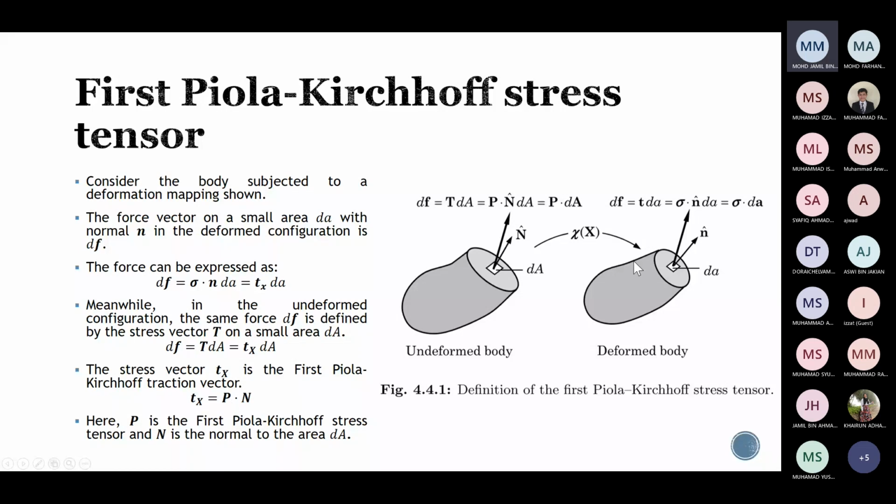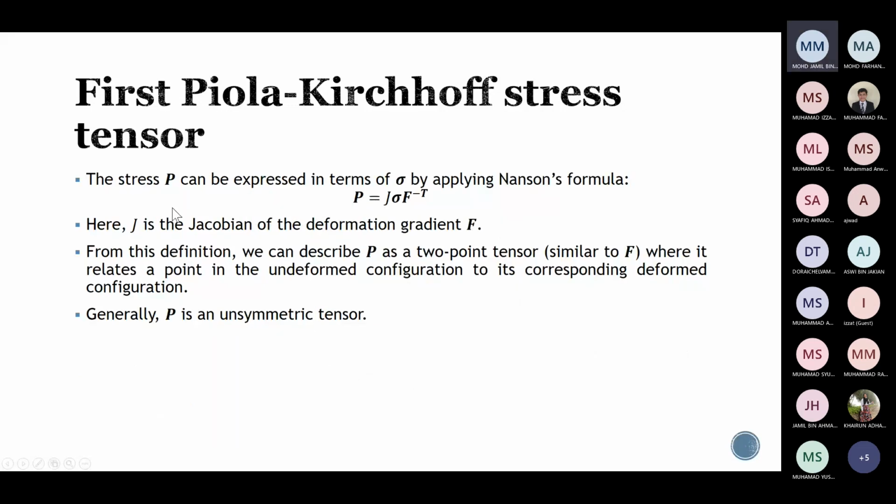P depends on the area of the small particle at the undeformed configuration, but the Cauchy stress tensor depends on this dA, the area on the deformed body. So the first Piola-Kirchhoff stress tensor depends on the area on the undeformed body.